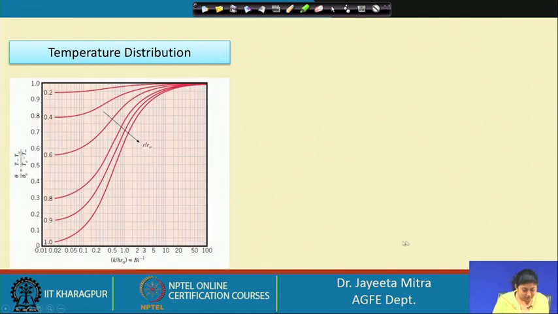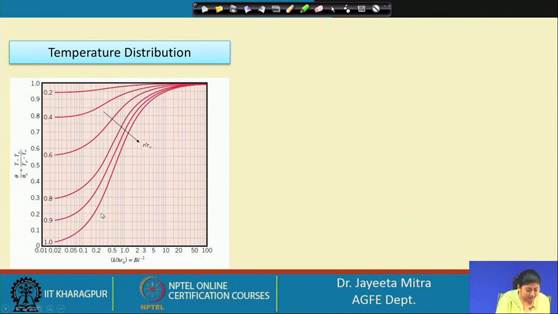We can also get from this chart, if we plot the inverse of Biot number in the x axis, and theta by theta 0 in the y direction, and r by r 0 will be represented by this.